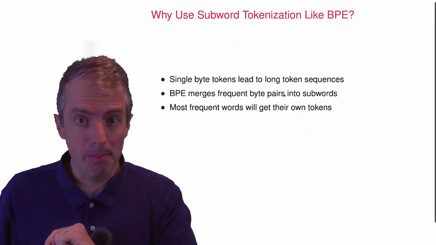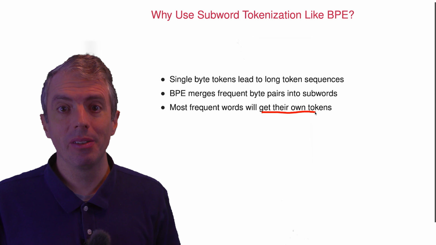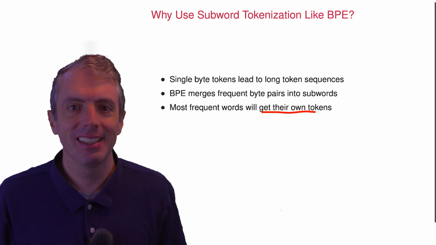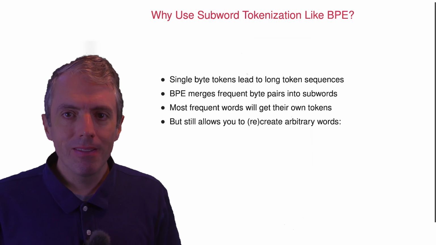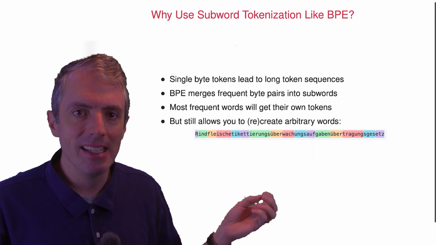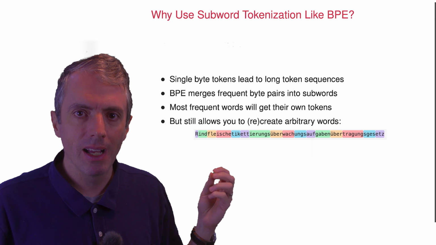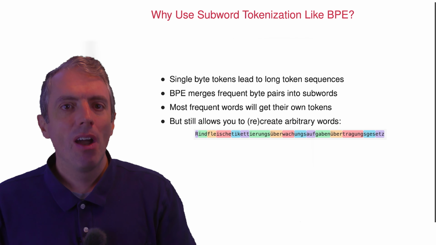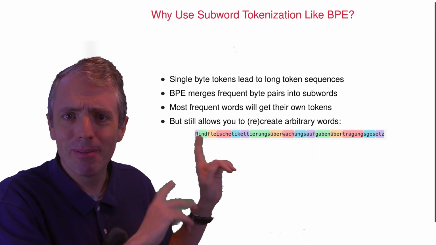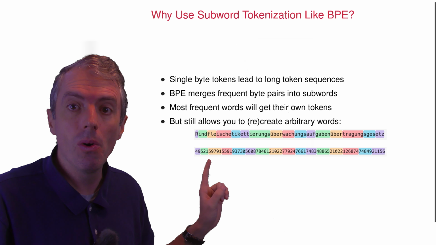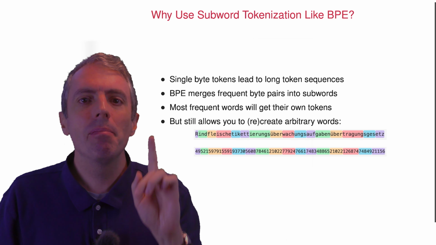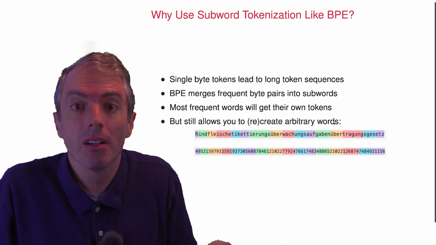But the nice thing about BPE is that if you don't have a word in your vocabulary, you can still represent it. Let's consider the beautiful German word Rindfleischetikettierungsüberwachungsaufgabenübertragungsgesetz. For whatever reason, this word is not in the vocabulary, but it still gets represented as a series of tokens, 16 tokens to be exact, and many of those tokens correspond to what we would consider a morpheme.